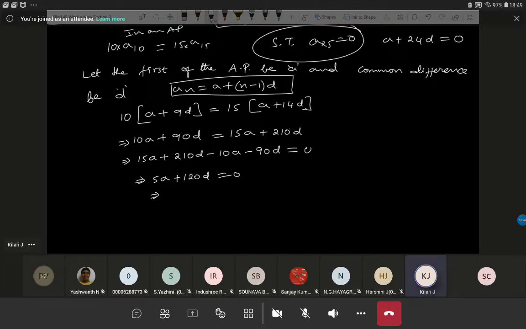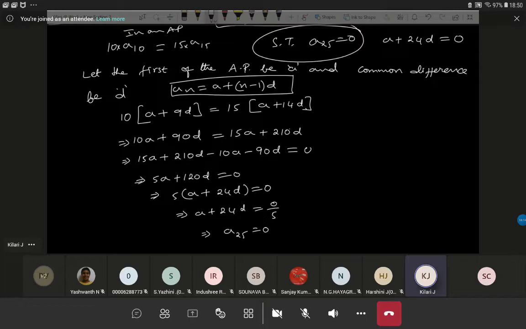Still we can divide it by 5 for simplifying it. By taking 5 common, we'll get 5 times (A plus 24D) is equal to 0. By transposing 5 to the other side, we get A plus 24D is equal to 0 by 5, which is equal to 0. It implies that the 25th term is equal to 0, hence proved.